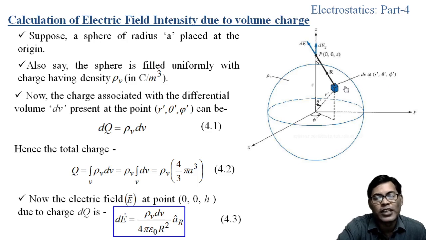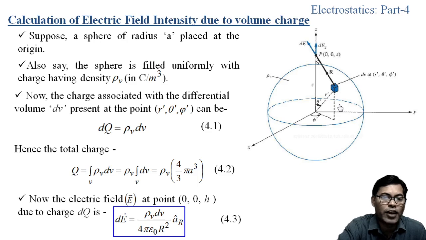Now, the same way as we have seen in the last class, first we need to calculate the charge enclosed by the volume. So here dq will be equal to rho v dv, because rho v is the charge density and the charge distribution is symmetric throughout the sphere. So dq equals rho v dv.